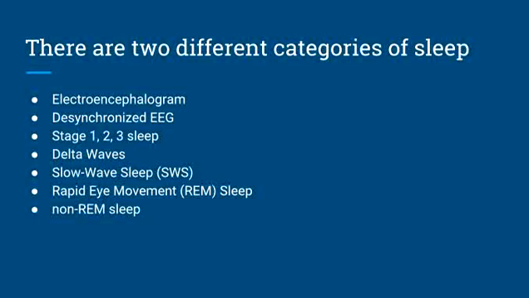Stage 1, Stage 2, and Stage 3 sleep are the stages of non-REM sleep, and so Stage 1 is the initial stage of sleep in which the EEG shows small irregular waves and characteristic sharp waves called vertex spikes. The next stage, Stage 2 sleep, is the stage defined by sleep spindles and K complexes.